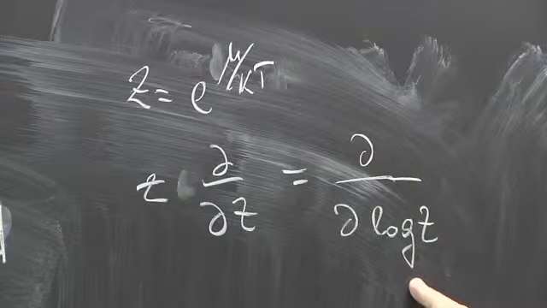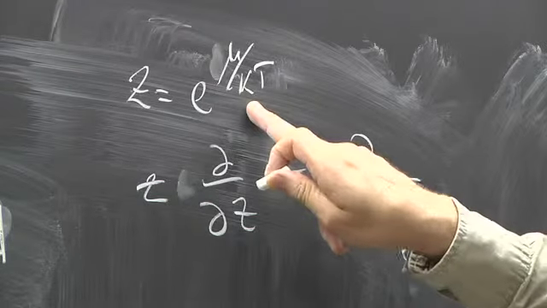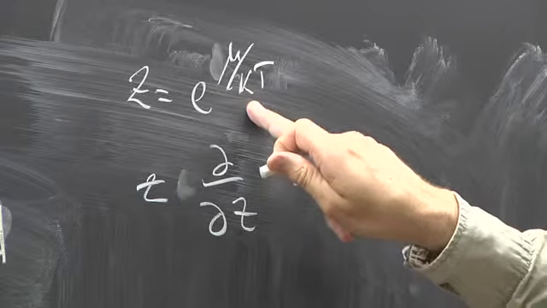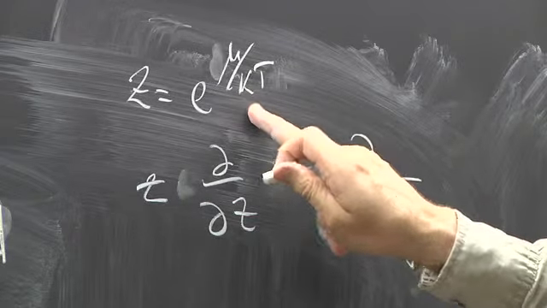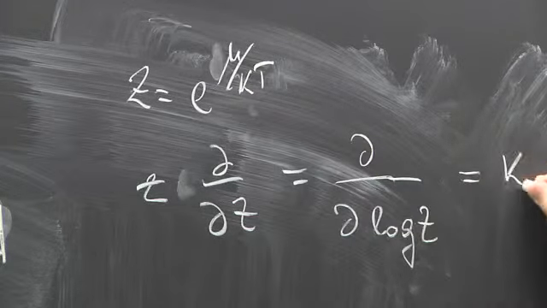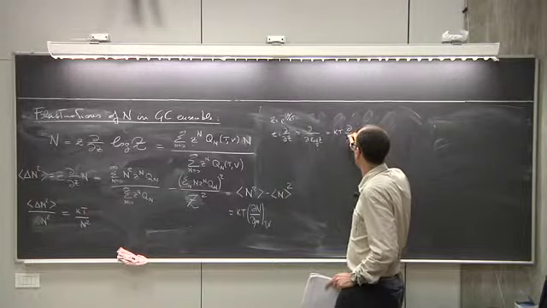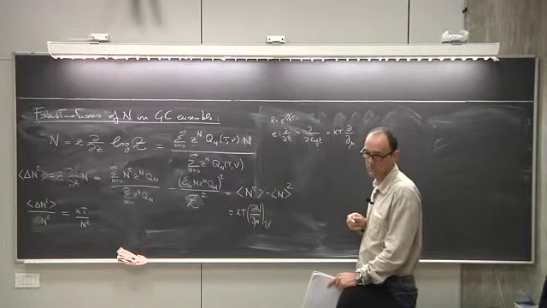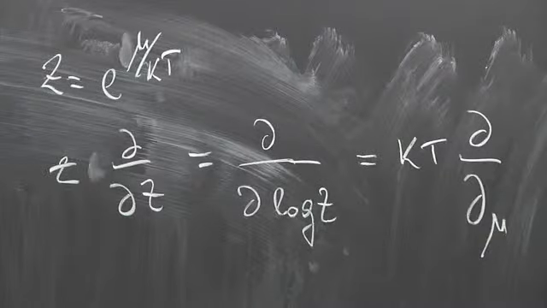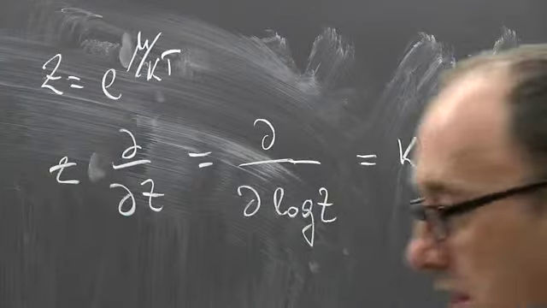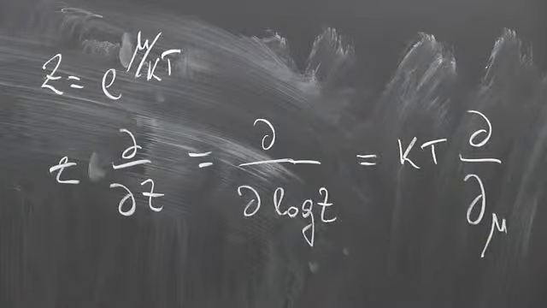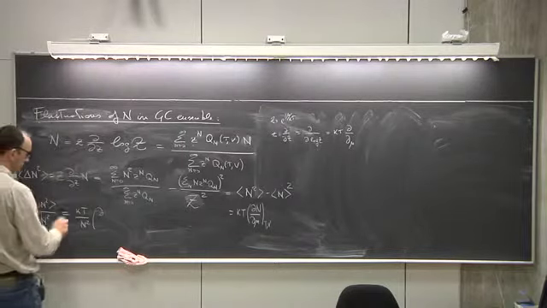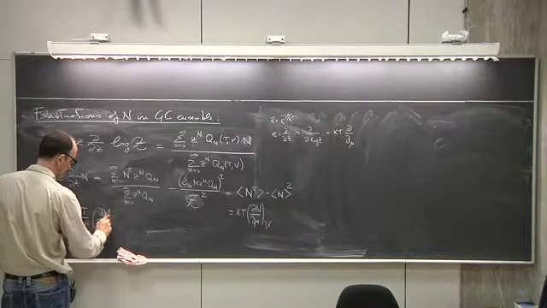And since this derivative is taken at constant T, this is just kT times derivative with respect to mu. Okay? So you get this relation.